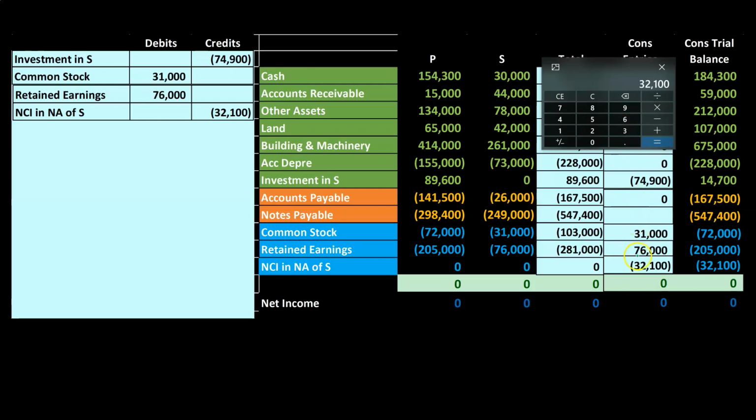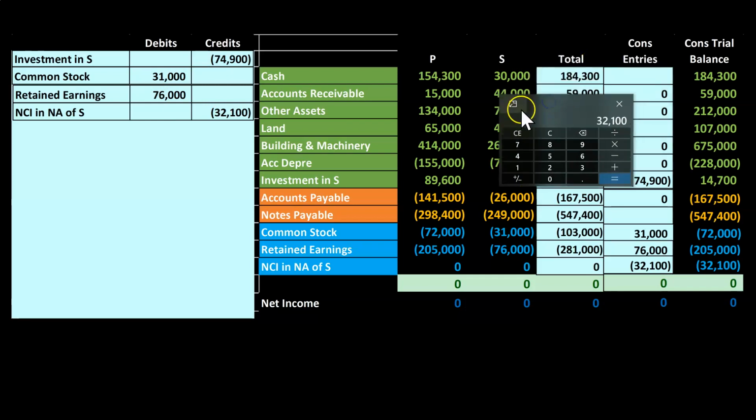So there's the 32,100. You can calculate that as adding up just the equity, or if I was to add up assets minus liabilities times the 30%, same thing. So that means that you can think about this 74,900 as the plug. In other words, the 31 plus the 76 minus the 32,100. Or you could think of it basically as the controlling interest, right?